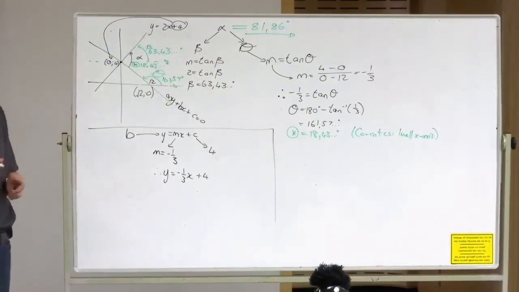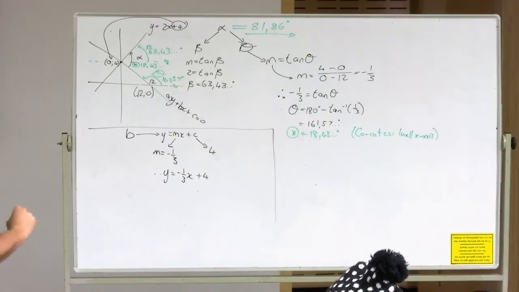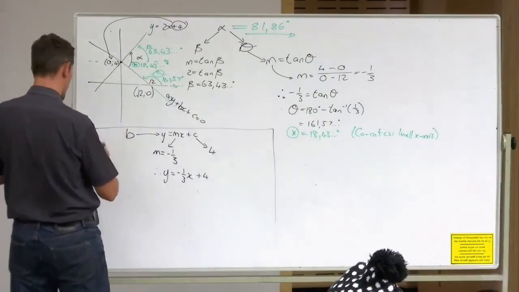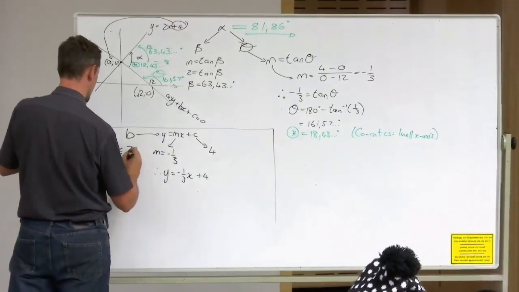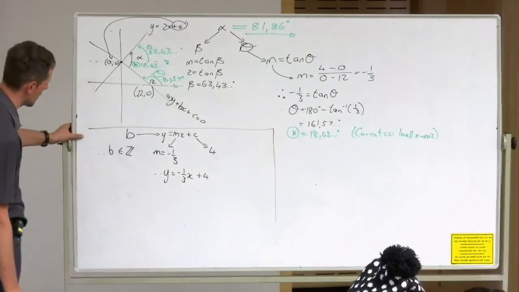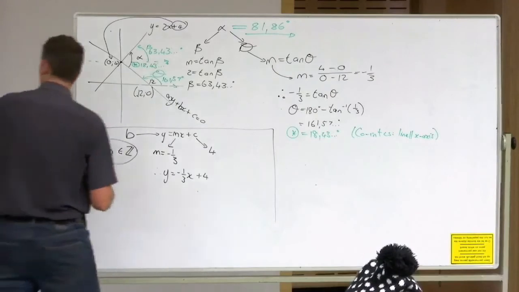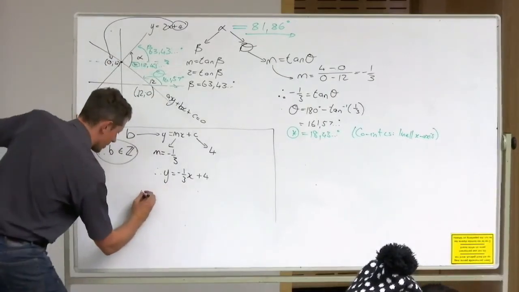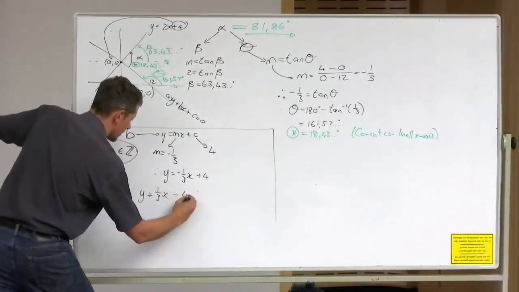Now let's take it up a notch. Let's say A, B, and C have to be integers. So I'm saying that B, making a little bit of an extra one, must be an integer. First of all, I need equal to 0, so y plus 1 over 3 x minus 4 equals 0.